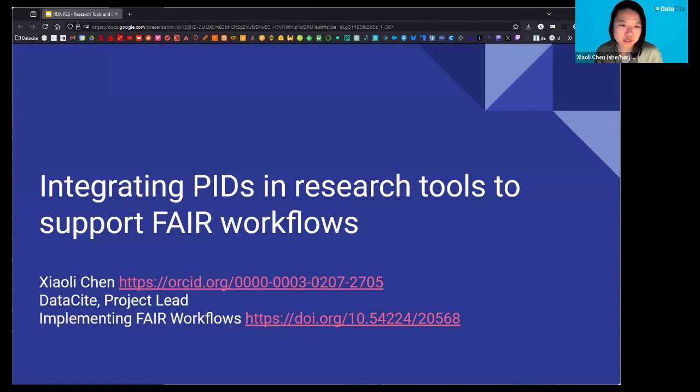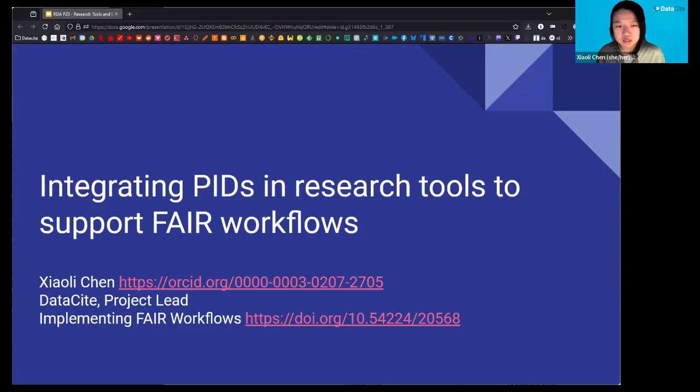I think PIDs are an infrastructure underlying a lot of these activities around data curation, and the results of this curation, the metadata that go into the curation, a lot of them land in the PID infrastructure, which makes things more open, more discoverable, and openly available for various different tools to make use of, which is really what we want in order to make the most value out of research data curation.